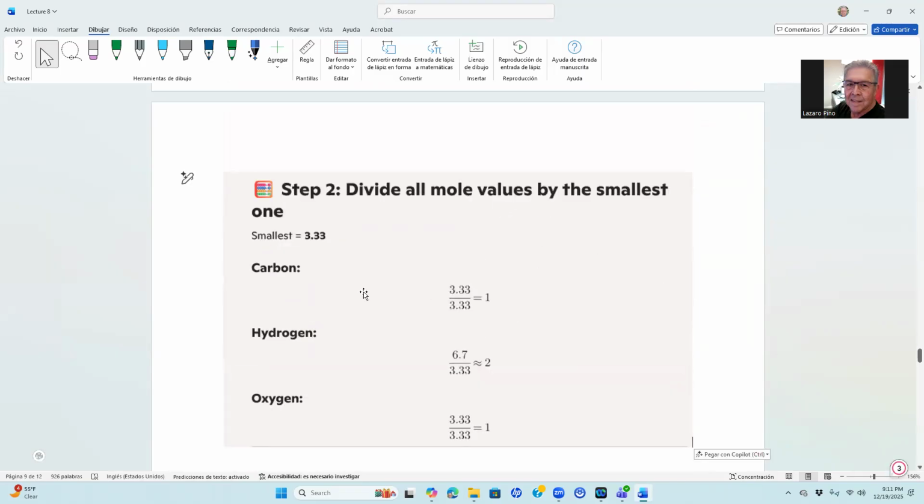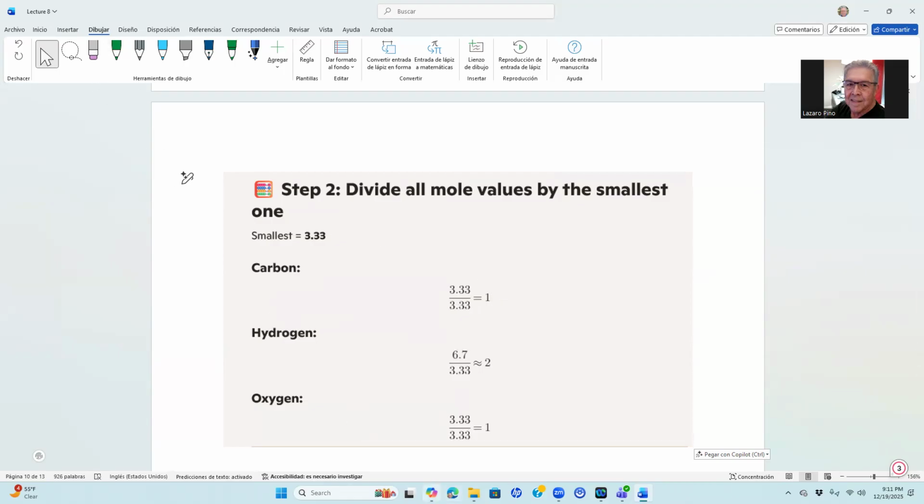Then you come here and you say, well, carbon was 3.33, you divide by this, that is the smallest. Hydrogen 6.7, you divide by the smallest, that is 3.33. And oxygen, you divide also by the smallest, that is the same number. And then you get the ratios.